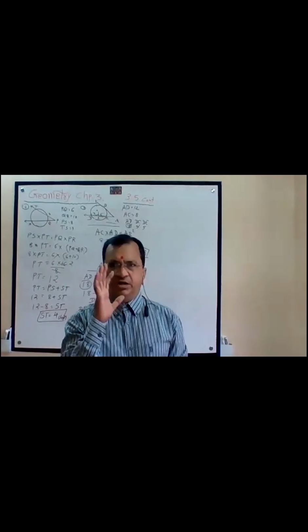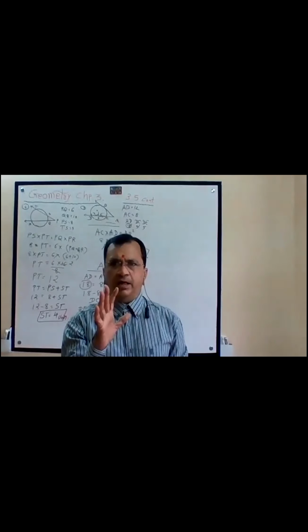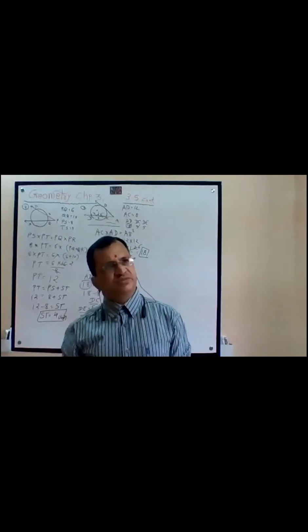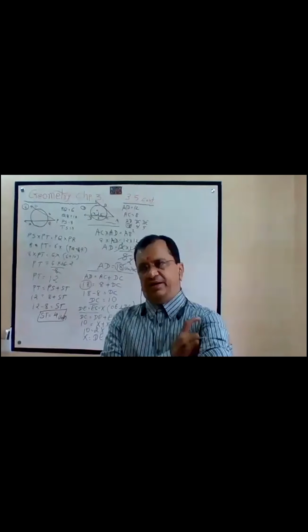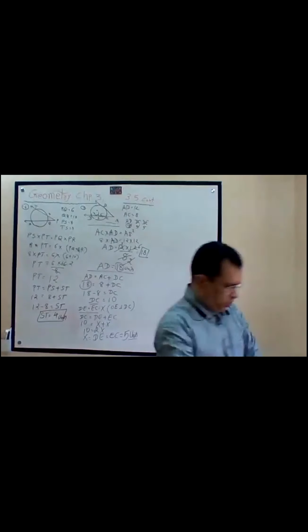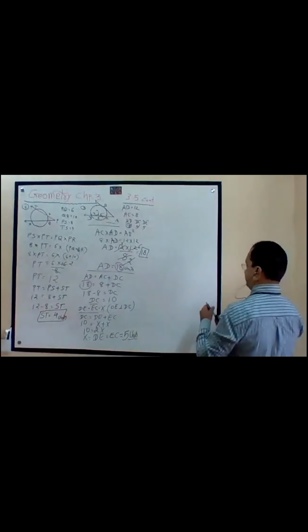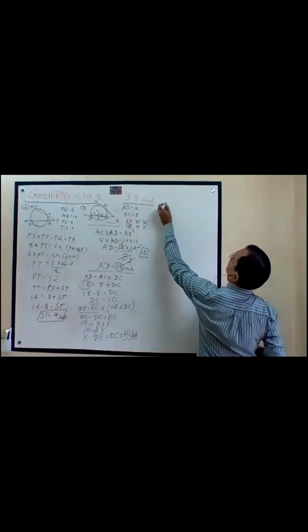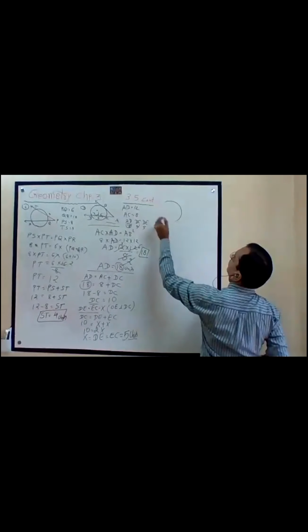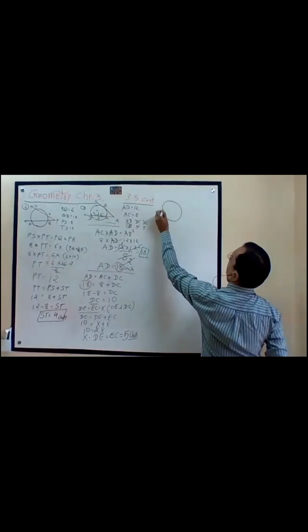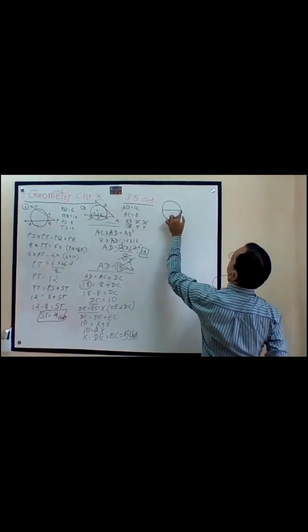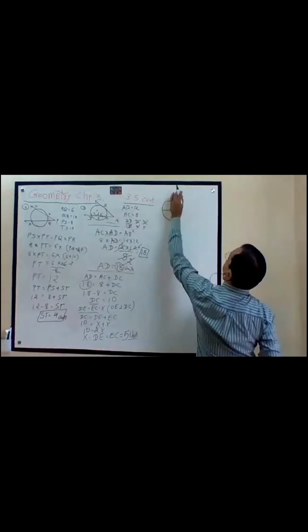Try to understand, try to observe diagram first. In geometry, observation of diagram is very important. So what is given? One circle is given, one diameter is given, one tangent is given.